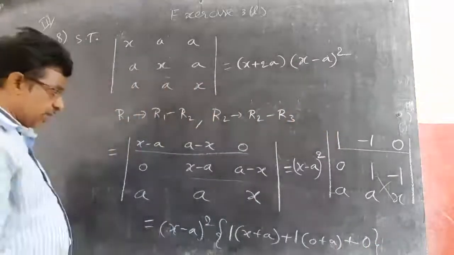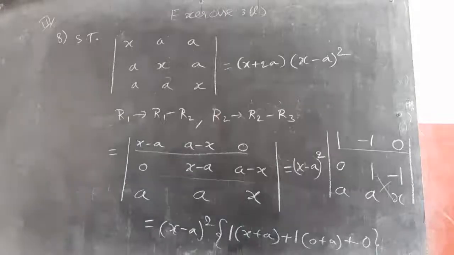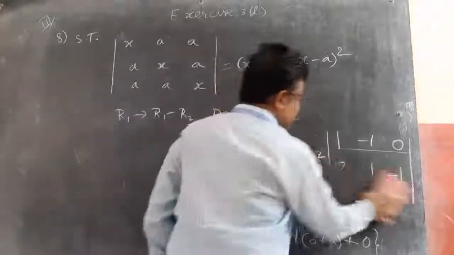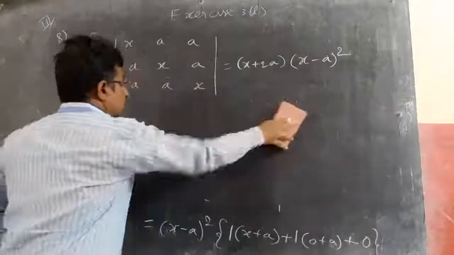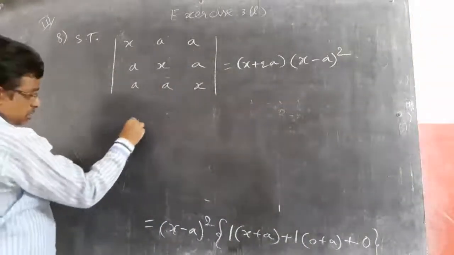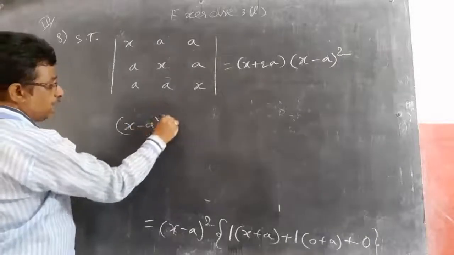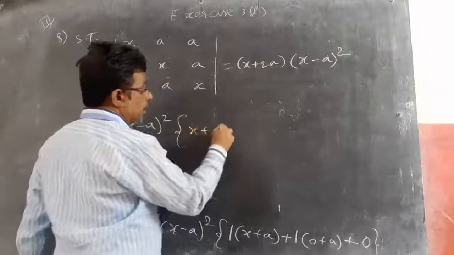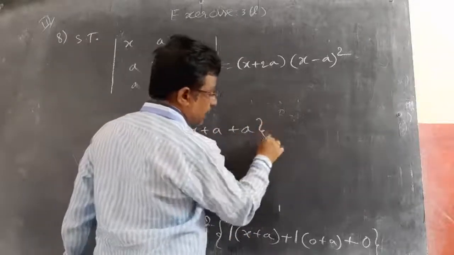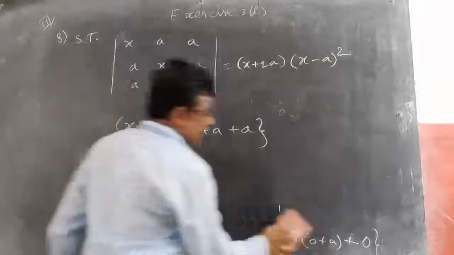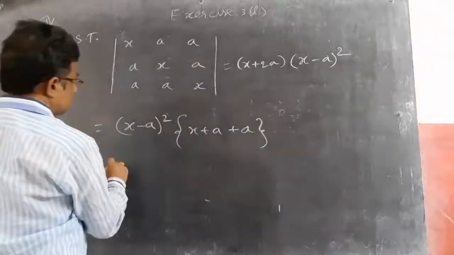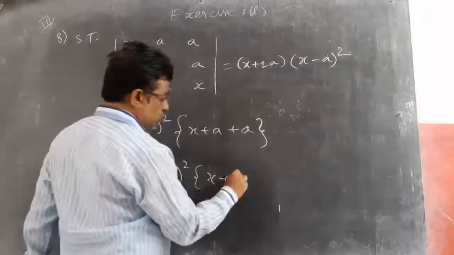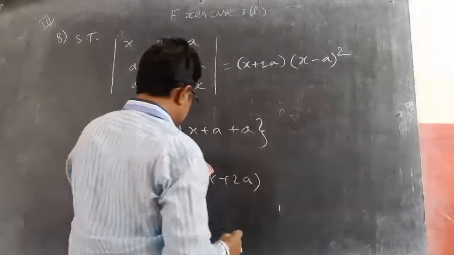So finally what is left out? x minus a whole square into here x plus a plus 1 into a, remaining all zeros. So this becomes x minus a whole square into this is x plus 2a. x plus 2a. That is what we need to do.